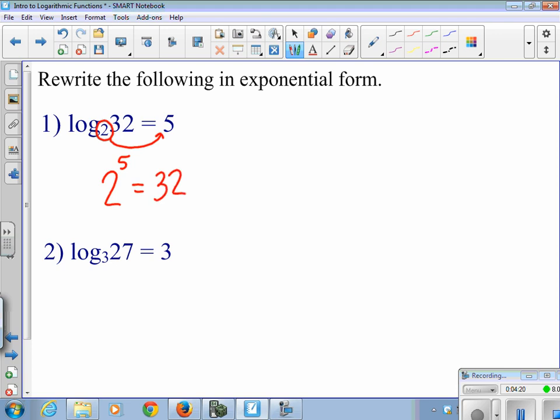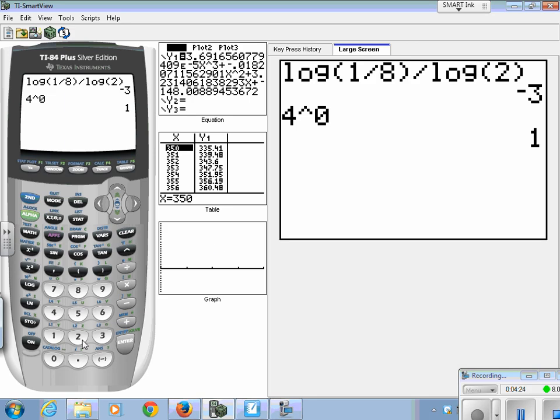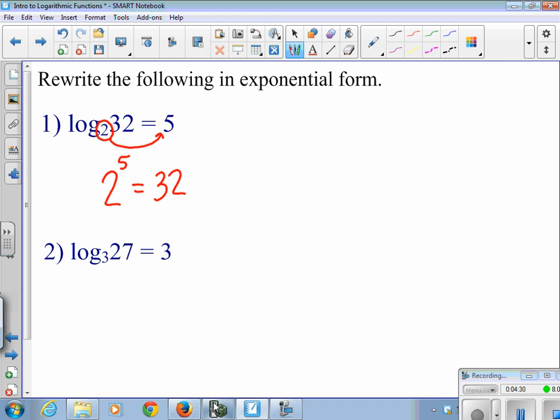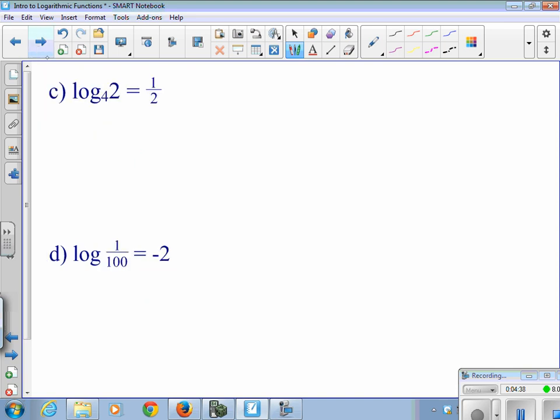And if you test that out, it should give you something that's true. So 2 to the 5th equals 32. 2 raised to the 5th does give me 32. Now, same thing with number 2. I'm going to shell snail. So this is going to be 3 to the 3rd equals 27. That's a true statement.